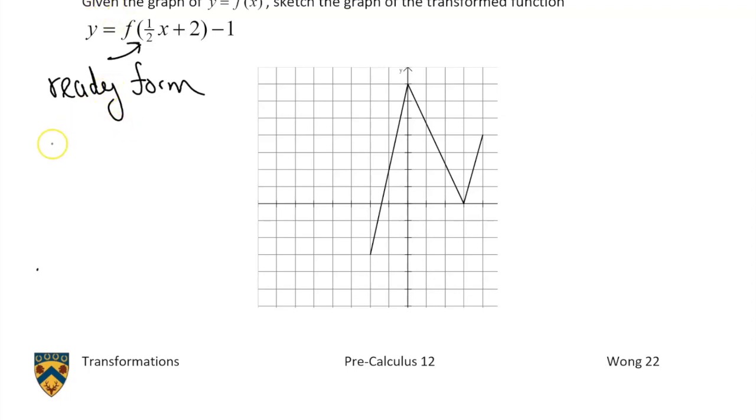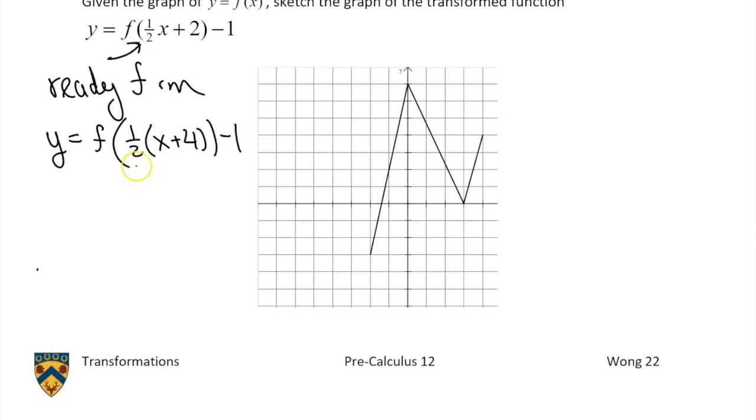But what we could say is something like this. It's going to become y equals f of, we'll factor out a 1/2, and then when you factor out a 1/2 from there, you're thinking I'm dividing a 1/2 from 2, and 4 halves go into 2, so this becomes x plus 4. And you can do a quick check. You could have tried to multiply that back in just to confirm that, yes, that is what the expansion would look like.